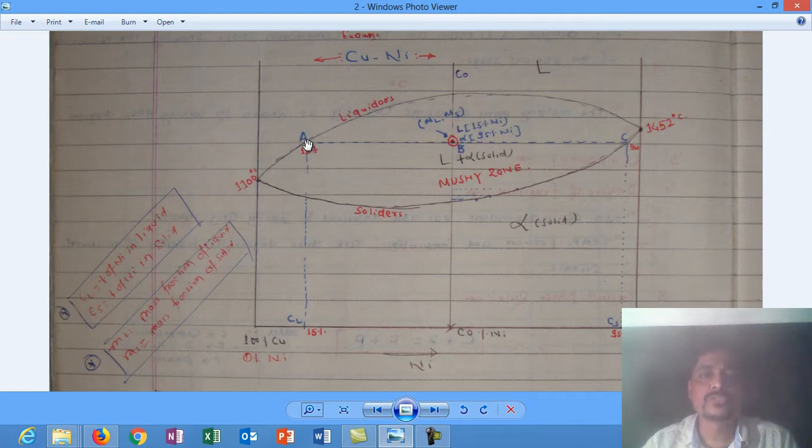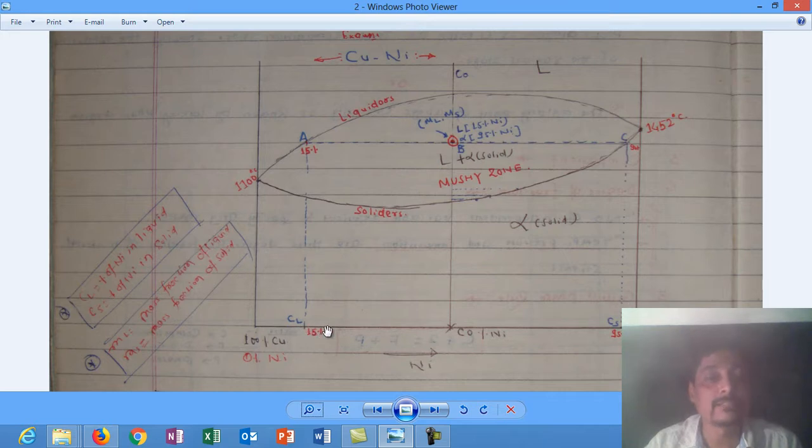Okay, so now we have to draw a vertical line at both points. As we draw these vertical lines, just find where the line intersects this axis. Suppose that this line intersects at this point. Since this line cuts the liquidus, if we draw the vertical line, this point cuts here, so we have to find how much percentage of nickel is there.